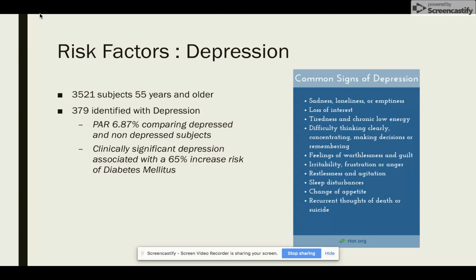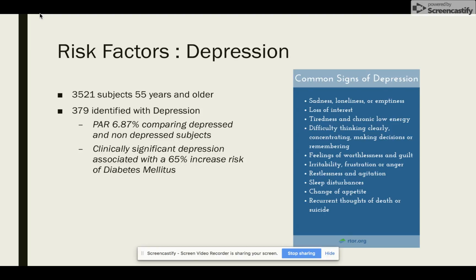So you're comparing depressed and non-depressed subjects. The PAR rate was 6.87, being the rate of diabetes attributable to depression, and clinically significant depression was associated with a 65% increased risk for diabetes.